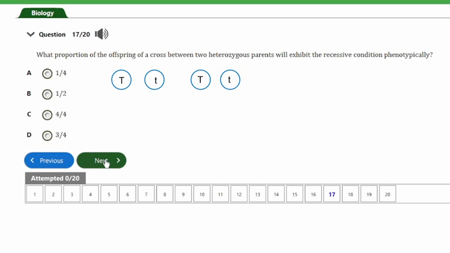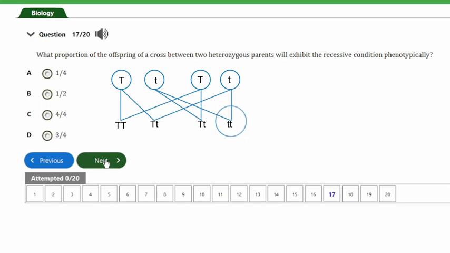If we make a cross here, we'll notice that we have one homozygous tall, two heterozygous tall, and then one homozygous short. So you'll see that there is only one out of four picking this recessive character phenotypically. So guys, the answer to this question is option A, and that's 1 out of 4, 1/4.